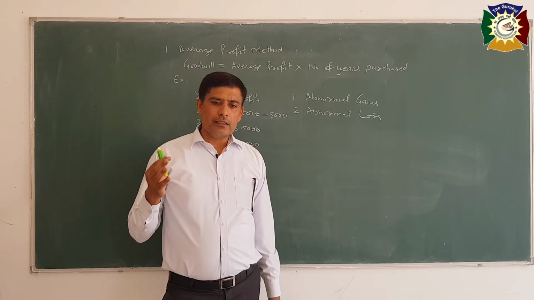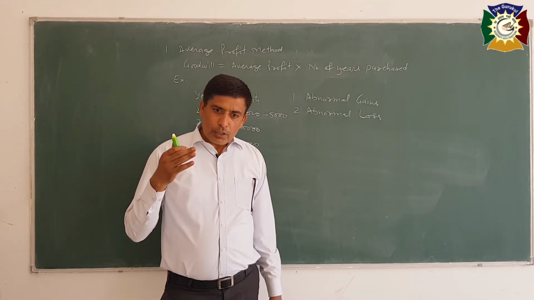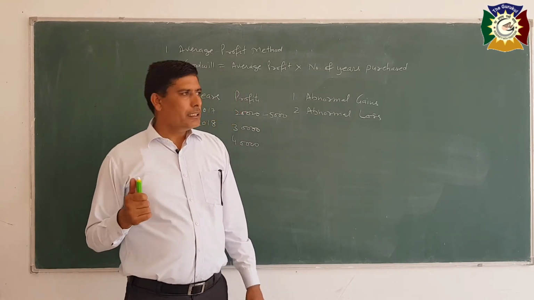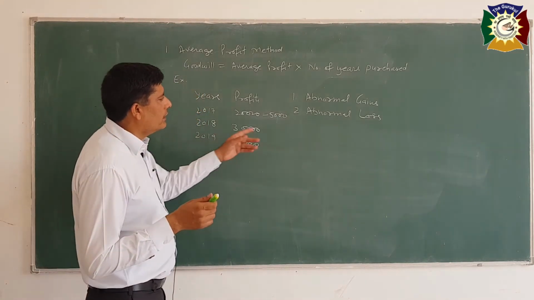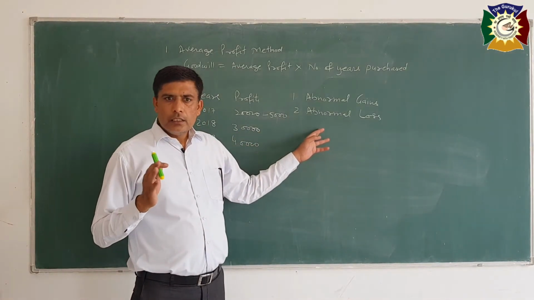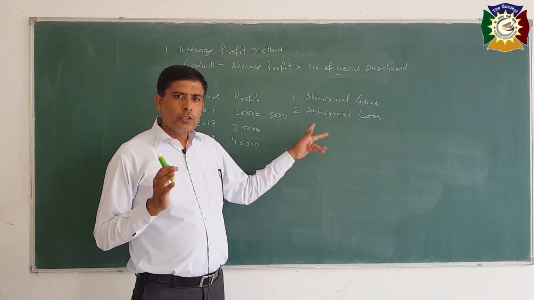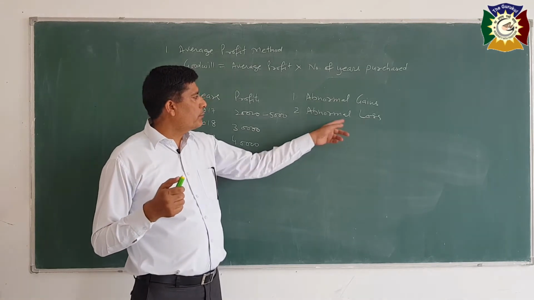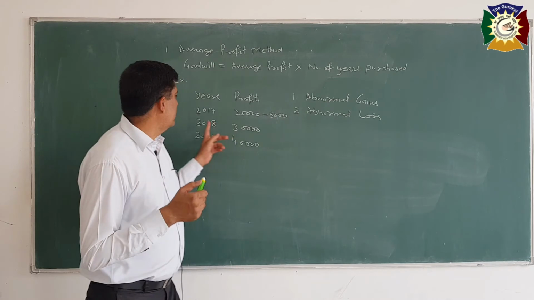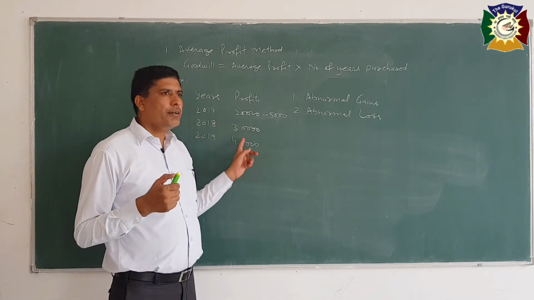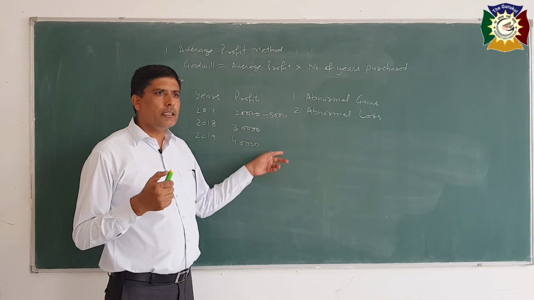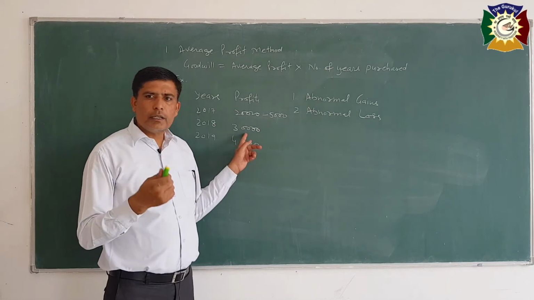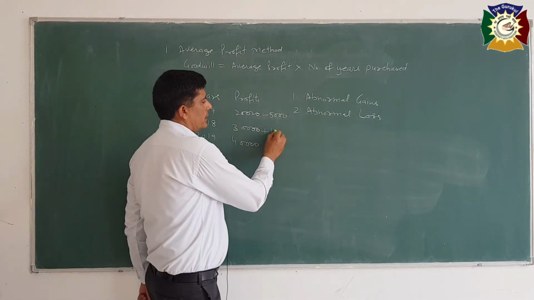Businessmen are suffering large amounts of losses this year, so profits will reduce. So if in any year the profits are reduced due to such abnormal loss, we will add back that abnormal loss. Like in the year 2018, a fire occurred and goods of rupees 10,000 were burnt. So profits of that year were reduced by 10,000, so we will add rupees 10,000.